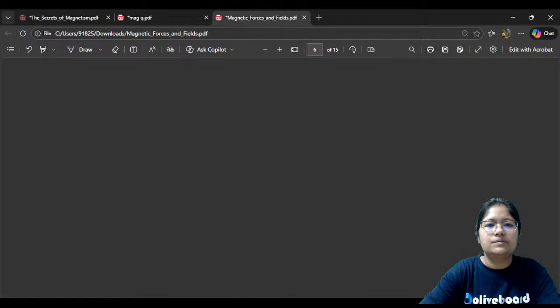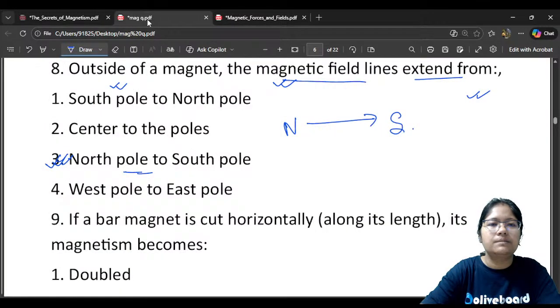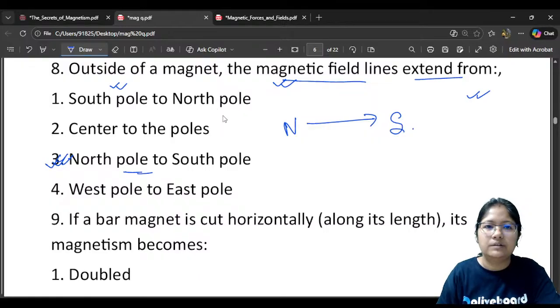That is why I will correct it before uploading the PDF. So outside a magnet, the magnetic field lines extend from the North Pole. So here the answer will be North Pole.